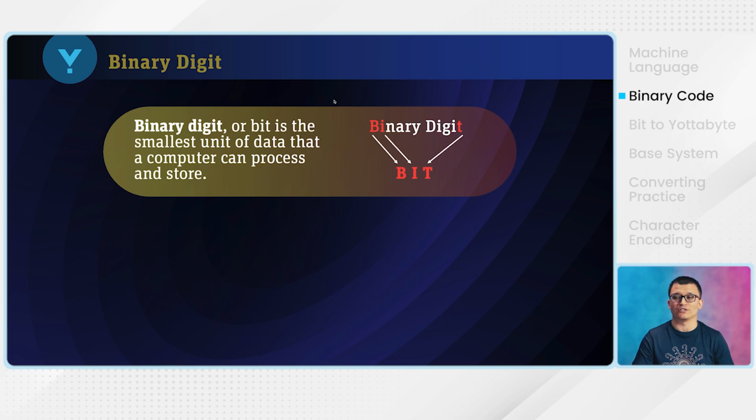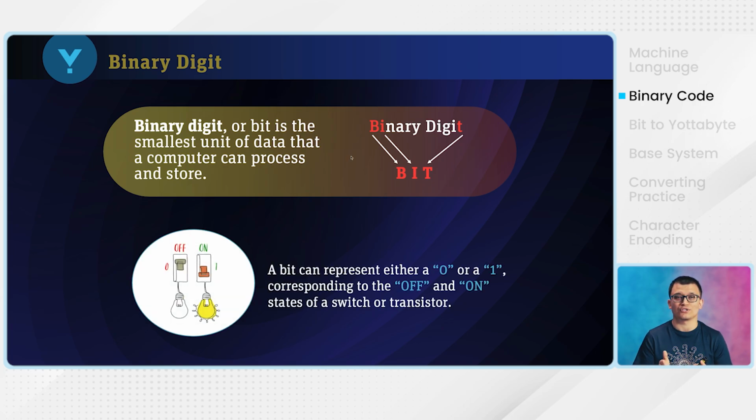Those zeros and ones represent two states. The 0 represents the off state, and 1 represents the on state. If the state is on, that binary digit will have a decimal value. But if the state is off, then that binary digit will not have a decimal value.